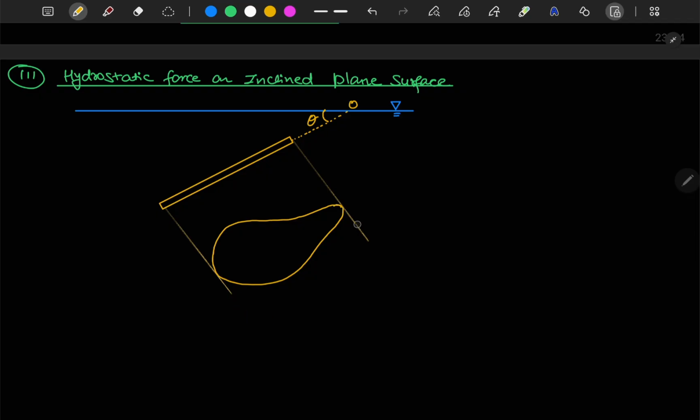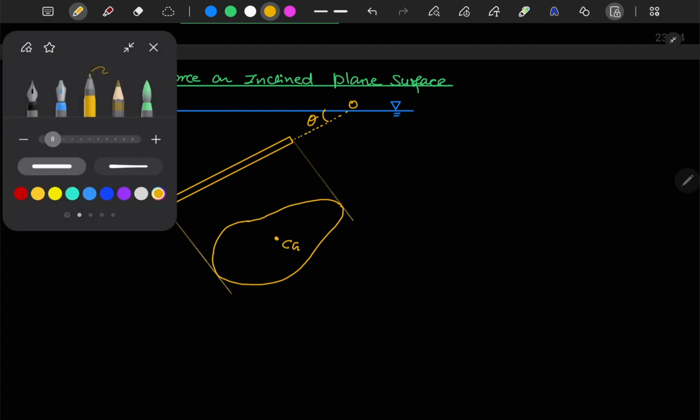Let's say this is your CG, the center of gravity.